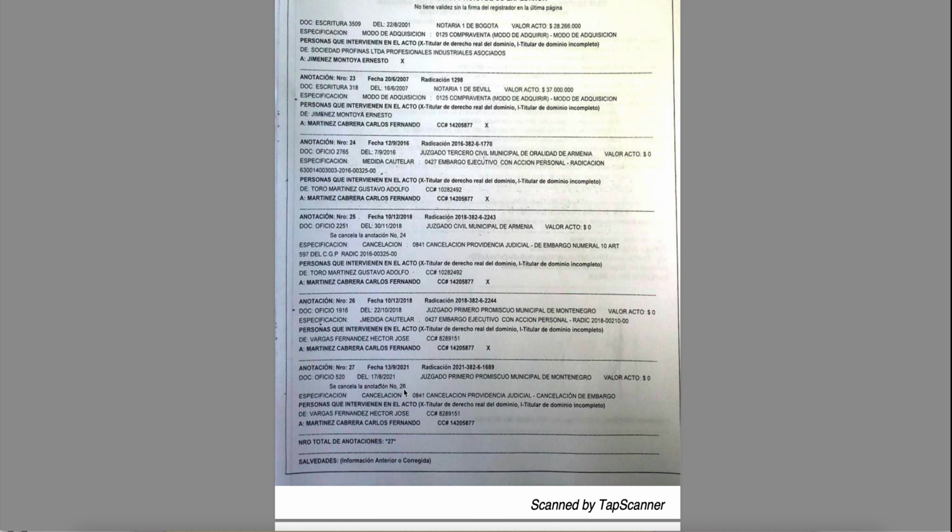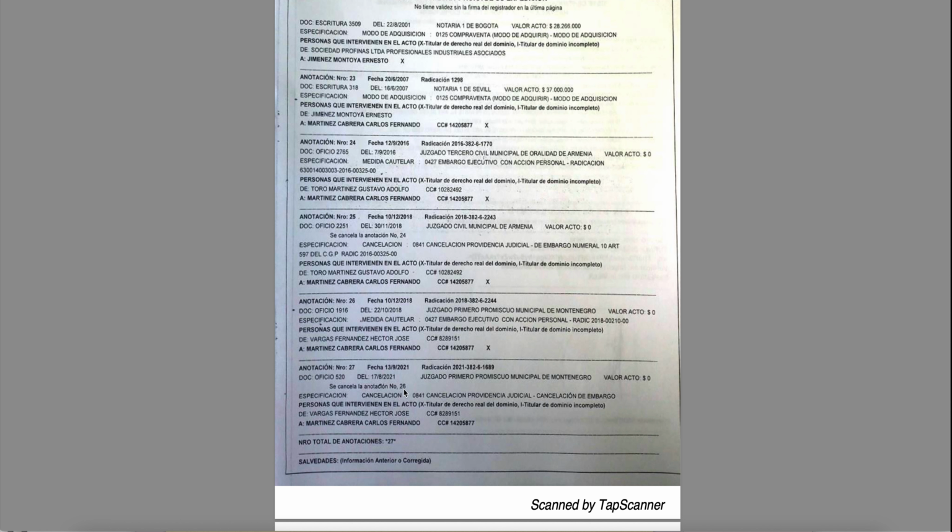27, 26. Let's see, for example, this one is another process that this property had in 2018. It says it canceled number 24, the previous one. That was another embargo from 2016, and in 2018 it was canceled.